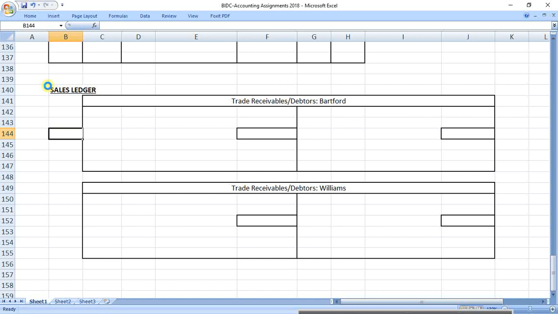Right, then we've still got one more part, which is the sales account in the general ledger. Maybe just give headings to those things, and then we can look at the last thing. And that's for Williams.